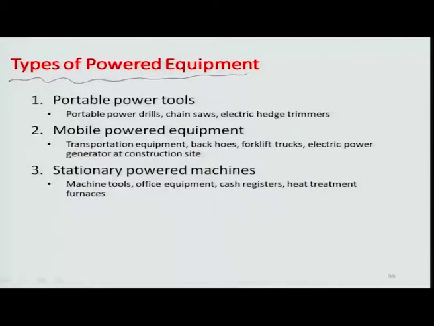So when we talk about different powered equipments, there are different power equipments available based on whether they are portable or mobile or stationary. So for example, let us look at portable power drills, chainsaws, electric hedge trimmers. These are some equipments which are power tools.